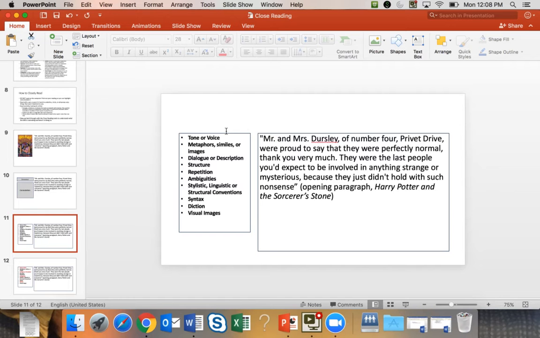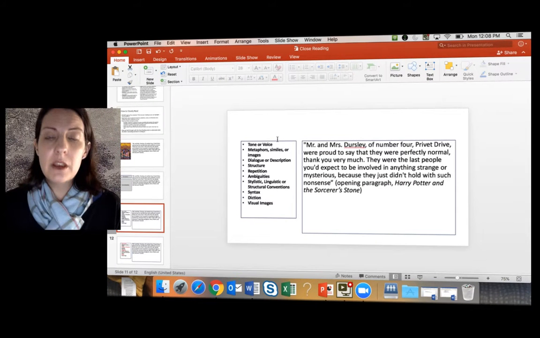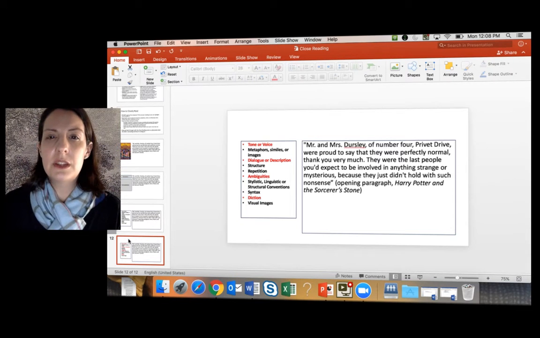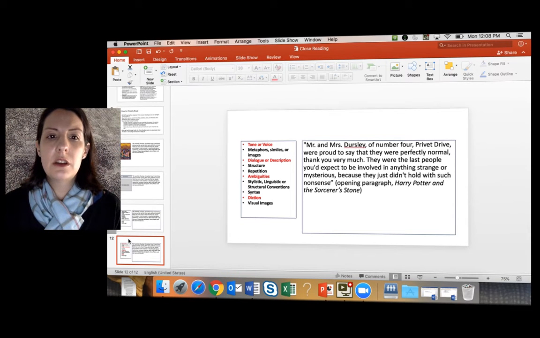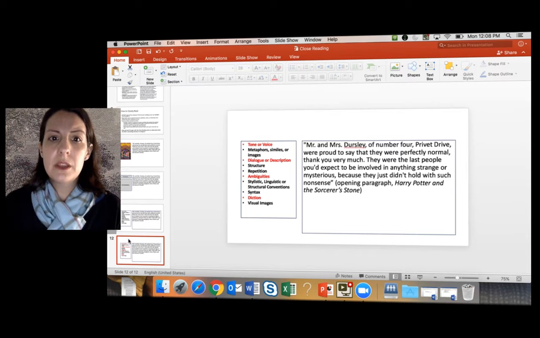Now, when you're doing this the first few times, you might find it helpful to go through this list entirely. That's actually what I did with this paragraph. What I ultimately decided to do was to select out a few of these tools that I felt would work really well for understanding this passage. Those are tone or voice, dialogue or description, ambiguities, and diction. And I'll show you what I mean.